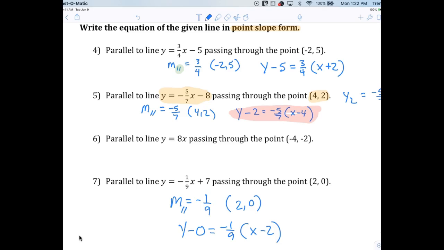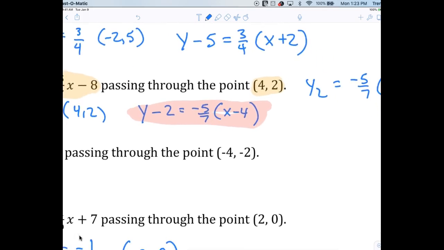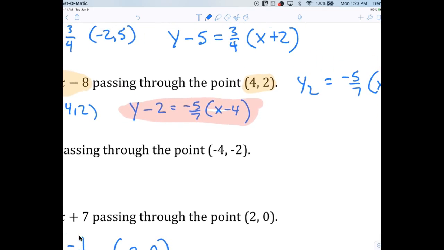No, so on the other side I have to do what? What do I have to make it when I move it? +5. So the other one is y equals 3/4 parentheses x plus 2 plus 5. Everybody type that in under y2. And then graph.